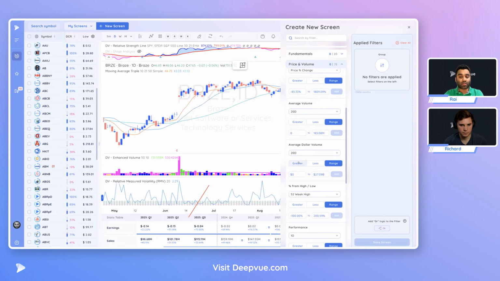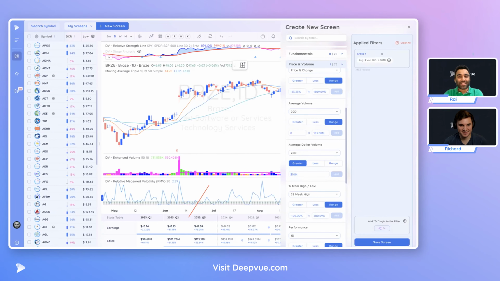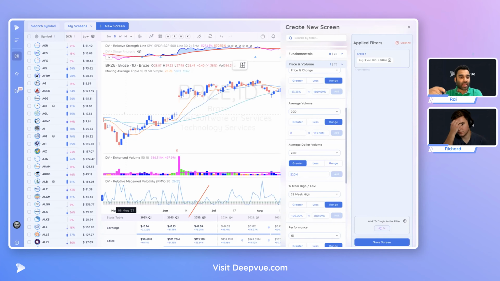So if you want to say, only show me stocks that have traded a dollar volume of 10 million or more, gotta count your zeros, 10 million or more, or you can make this 20 million or more, and add that. It's a good blanket to have because a lot of these stocks that double and triple tend to have minimum requirements on volume and average dollar volume, both on a 20 or 50-day basis. So that's another data point to look at.